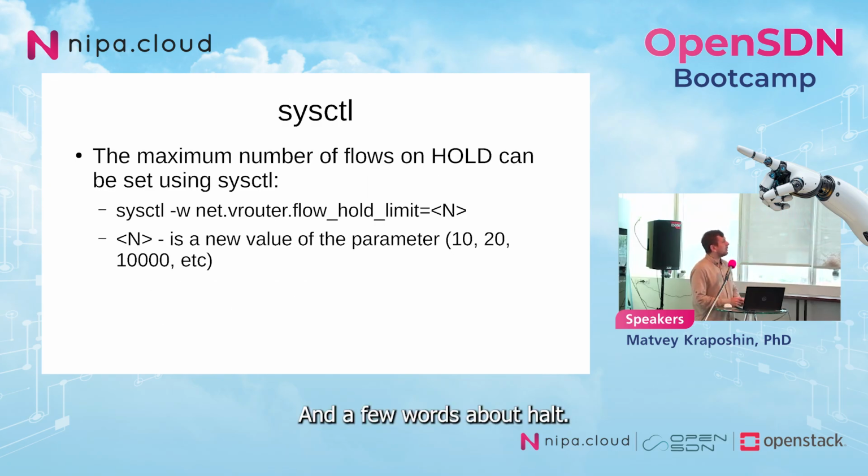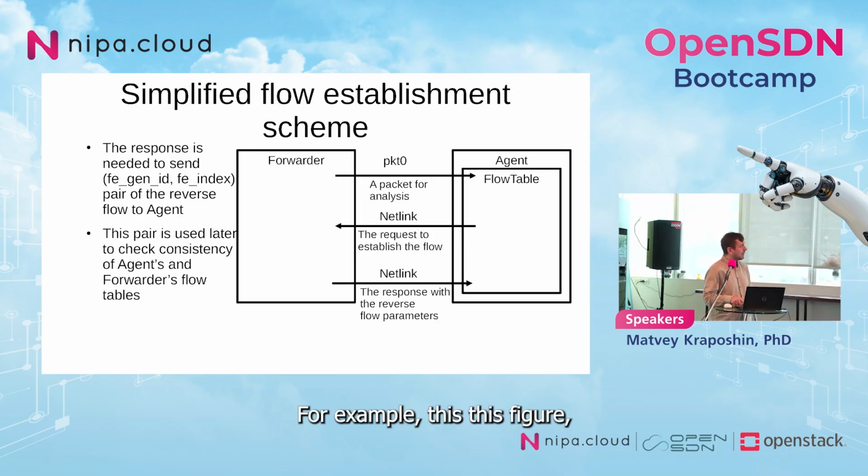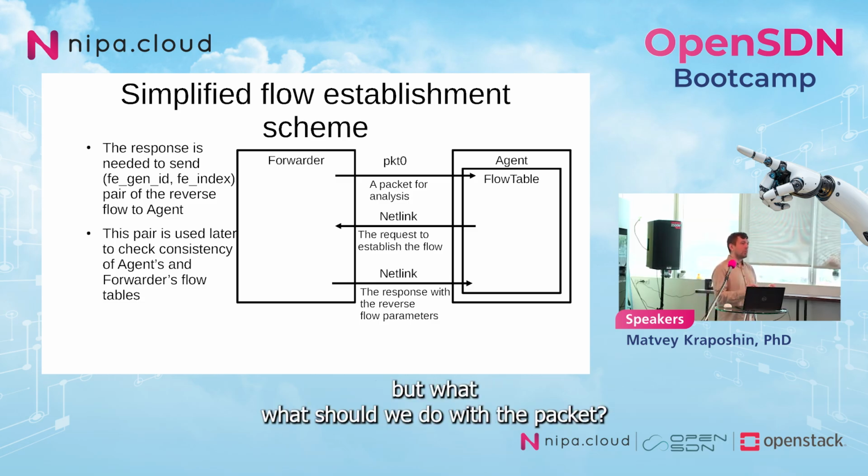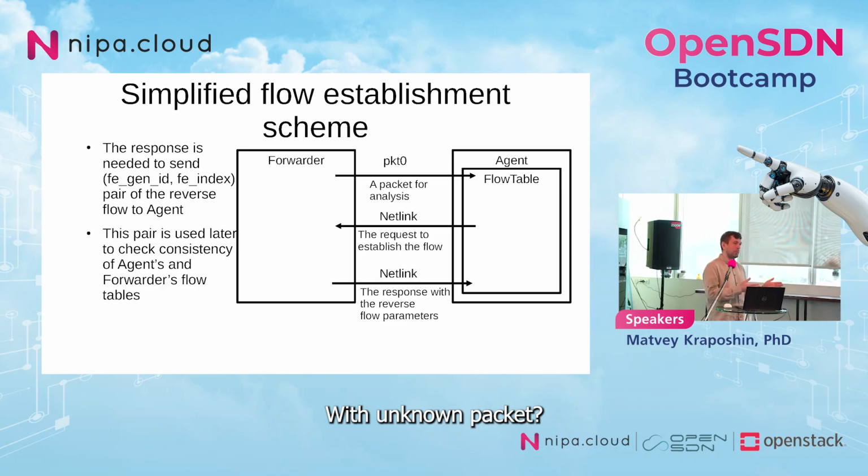And a few words about hold, finally. If we look at this figure, I told you that a packet arrives at interface PKT0. This is an unknown packet. But what should we do with an unknown packet?